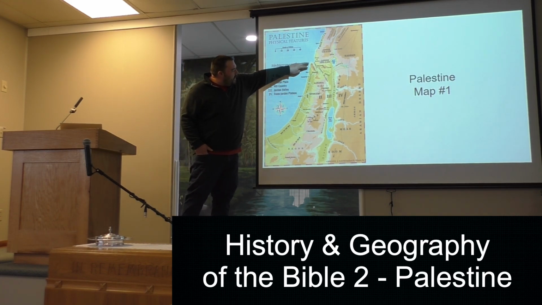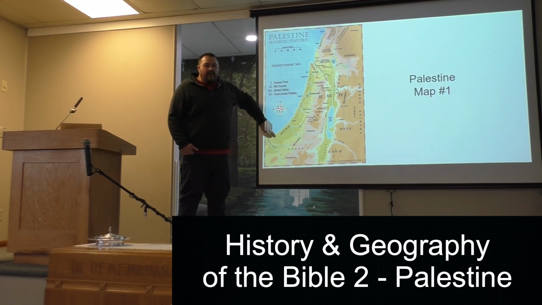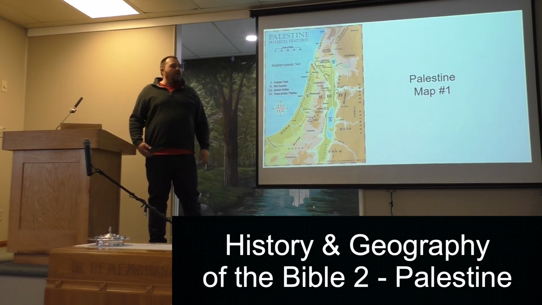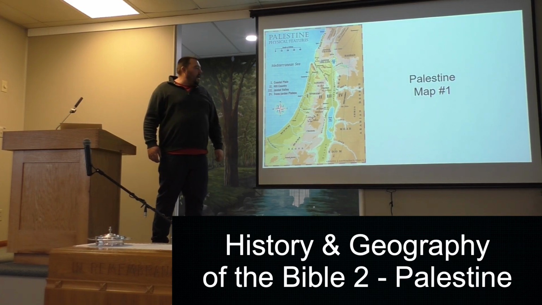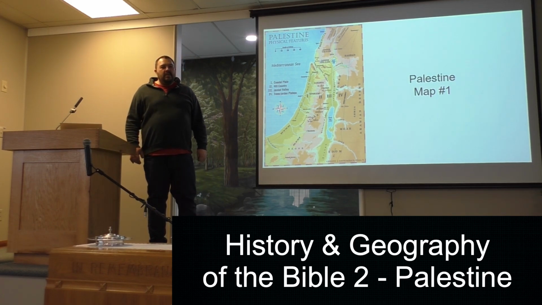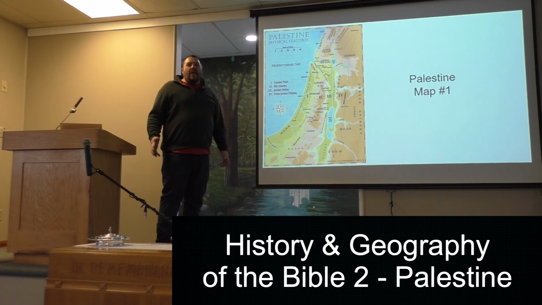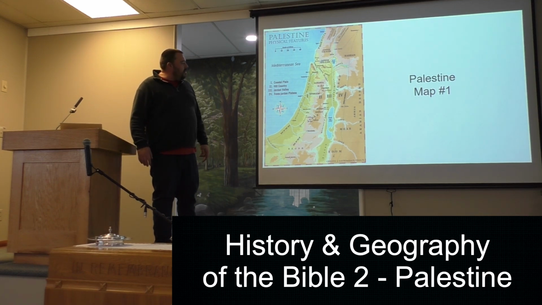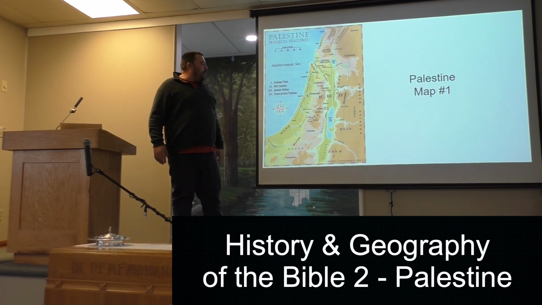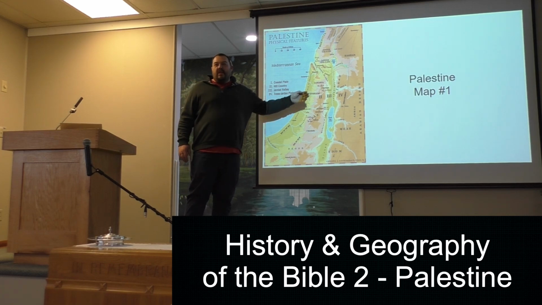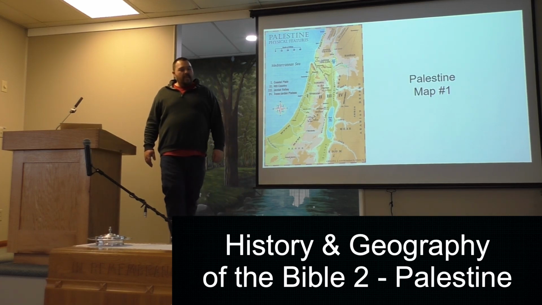And then we go down here. Now after this point, there's no good seaports in the whole land. There's no good place to park a boat. It was too shallow. During fair weather, at certain times of the year, at Dor and Joppa, you could park a boat out in the ocean and take a little boat in.